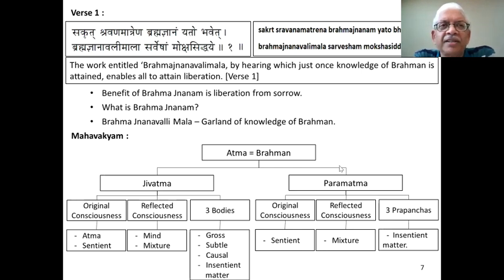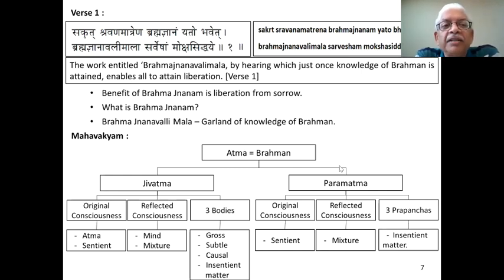Tremendous confidence in his disciples. So when you read the first verse itself, oh my God, I don't have to read anything else. I don't have to study anything else. If I read and understand these 20 mantras, that's it. My spiritual study is over. You feel so inspired by this first mantra itself.